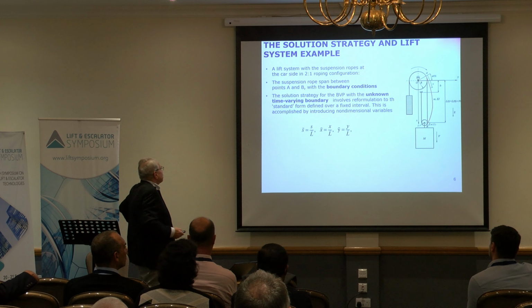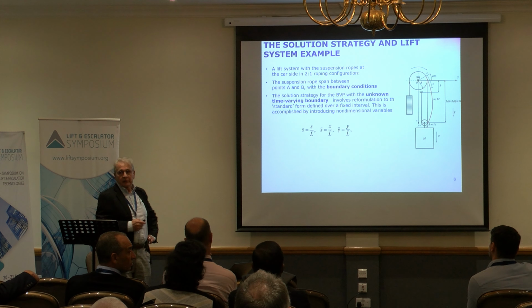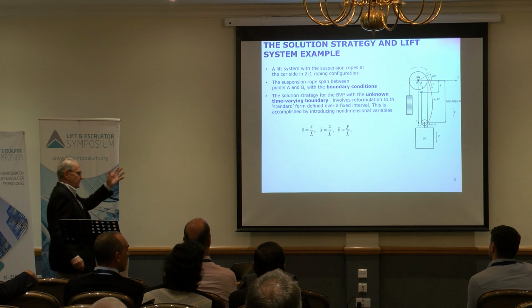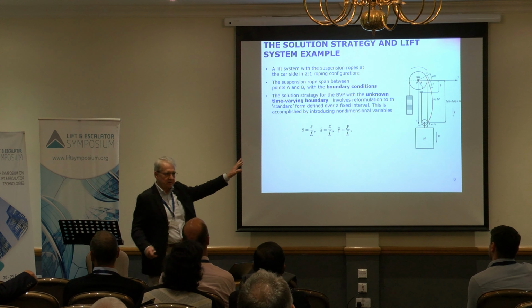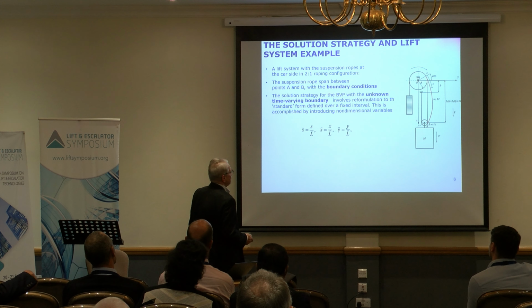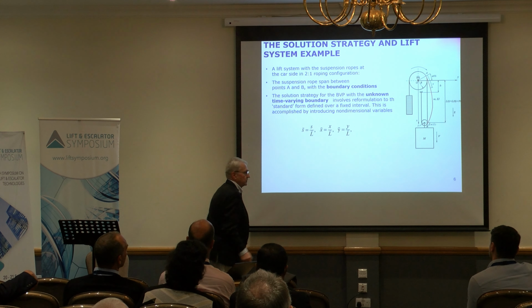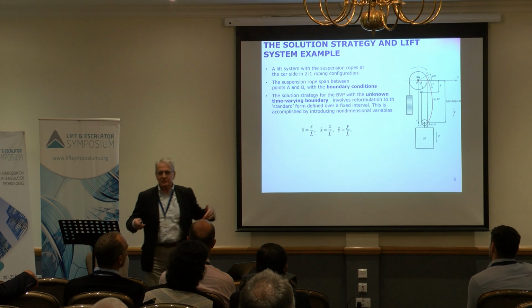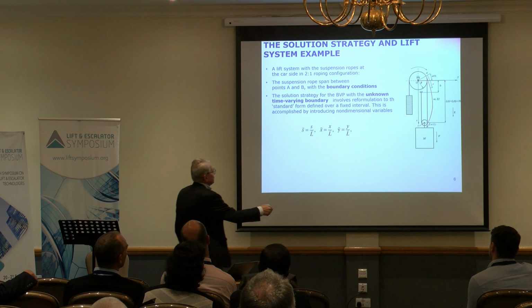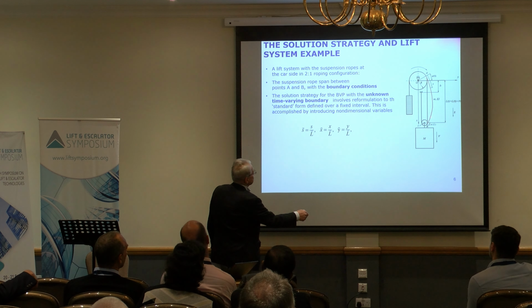Okay, so now, how to solve it? I will demonstrate the solution for a simple lift system, which is right here. That's a lift which has a 2-to-1 roping on the car side, 1-to-1 on the counterweight. And again, there's a sheave. So we've got the bending here over the sheave, and exaggerated bending of the rope is here.